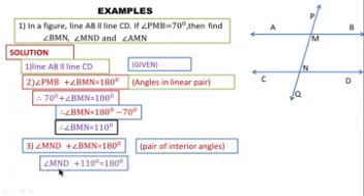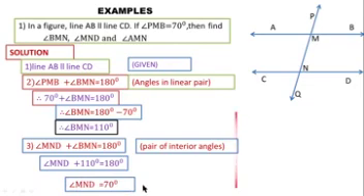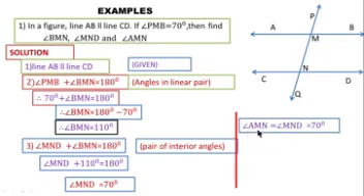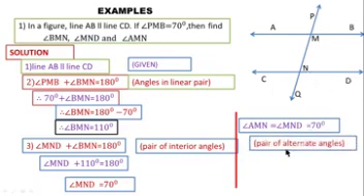Angle MND plus 110 degrees is equal to 180 degrees, and therefore angle MND is equal to 70 degrees. Angle AMN is equal to angle MND, and this angle MND is equal to 70 degrees. Pair of alternate angles.